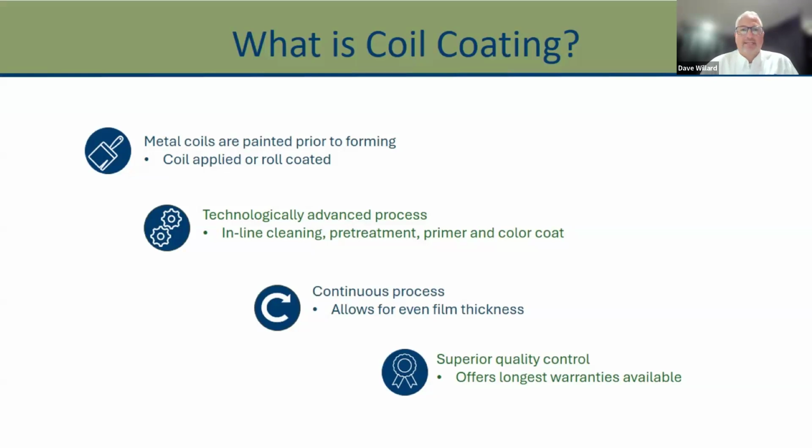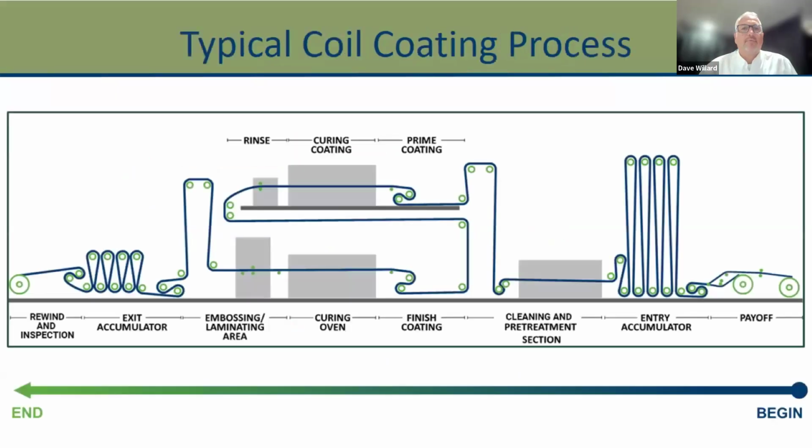They have inline cleaning, inline pre-treatment, primer, and color coat. It's a continuous process, which allows for an even film thickness and a very consistent product. There are a lot of quality controls in place, and this is why coil coated products offer the longest warranties available, because everything is very much controlled and monitored throughout the whole process.